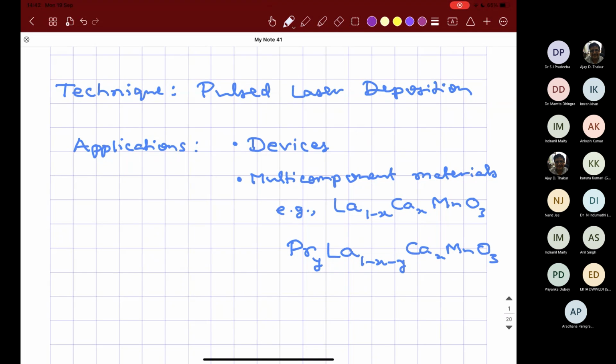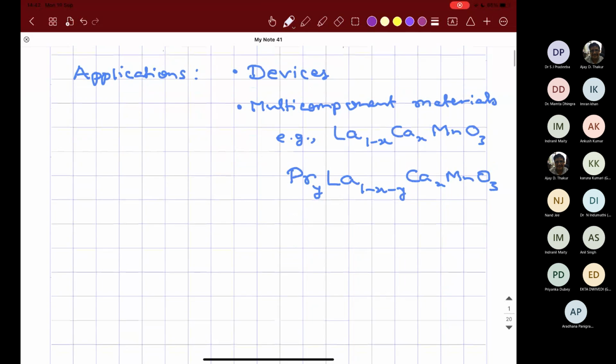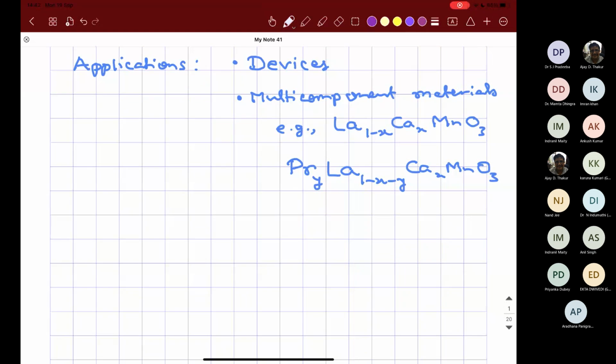So already you see that there are now 5 different elements which have to be grown in stoichiometry, right? So for such multi-component materials, pulsed laser deposition is one of the chosen techniques.